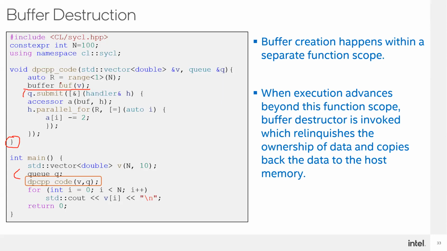The destructor of a buffer guarantees that all the kernels which operate on this buffer are finished. So we are waiting for all kernels, all command groups using this buffer, to finish before going forward. That's how, once we exit this DPC++ code function, we are free to operate with our initial vector V in this example.